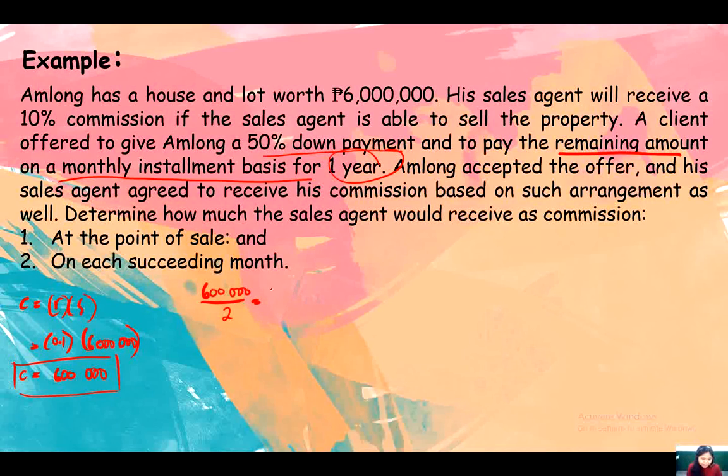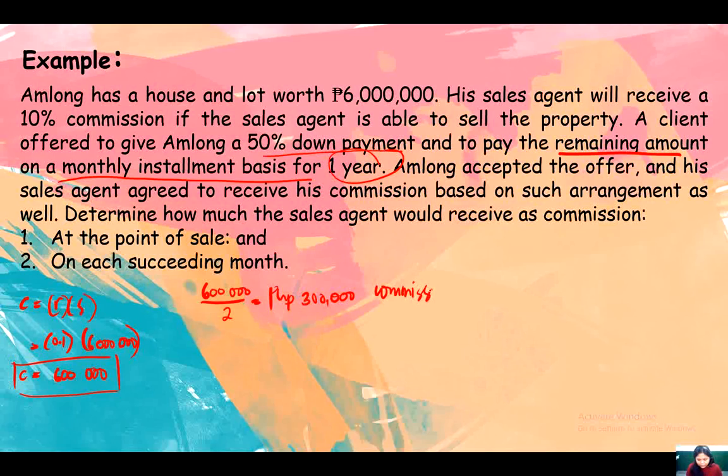Then, the quotient is 300,000. Bakit natin dinivide? Para malaman natin kung magkano yung commission niya with 50% down payment. Kaya natin siya divide. Kasi diba 50 and 50 is equal to 100. Okay, so half. So half nung 10% commission.